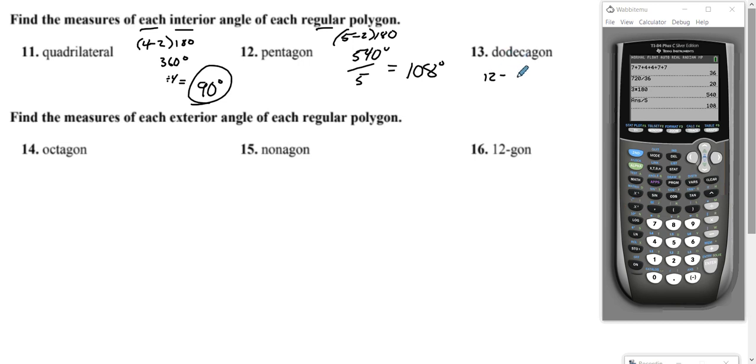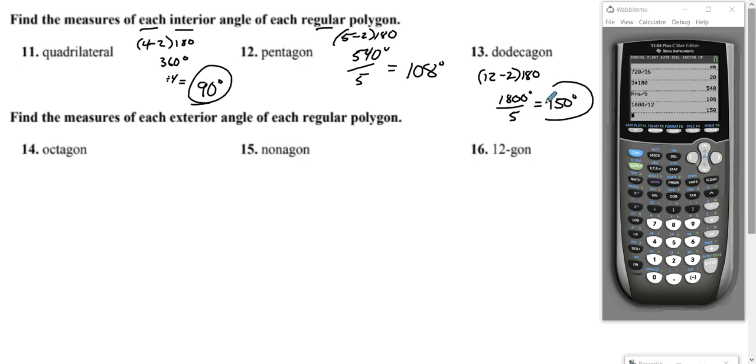Right, so 12 minus 2 times 180 is 10 times 180, 1800, divided by 12, 150. So 12 minus 2 times 180 is 1800. 1800 divided by 12 is 150.